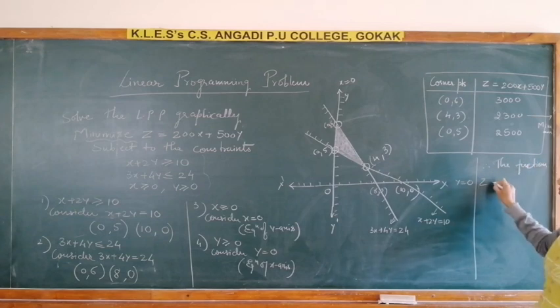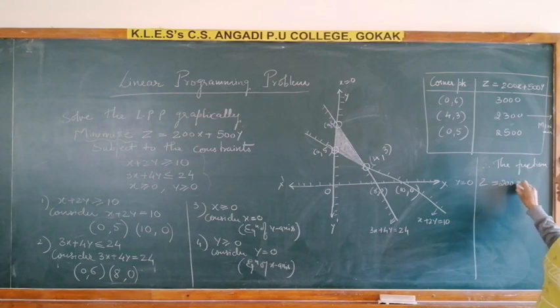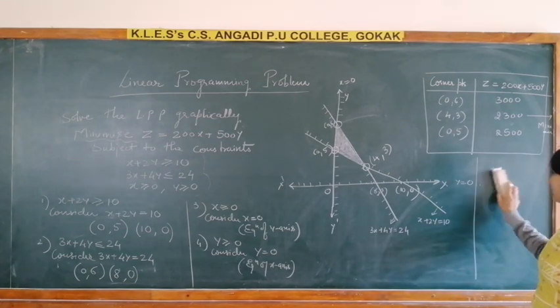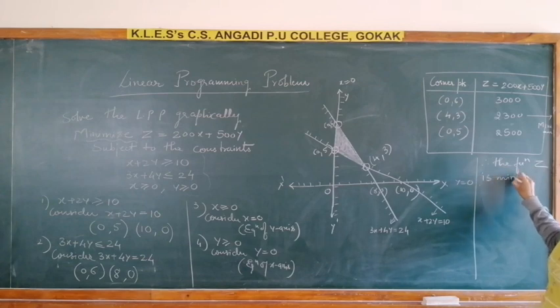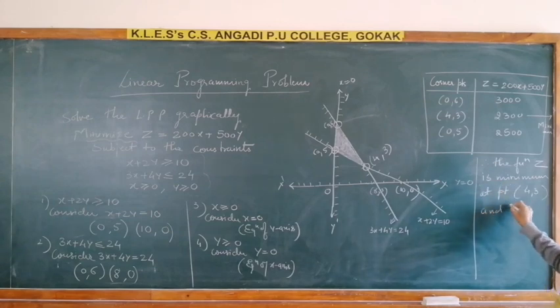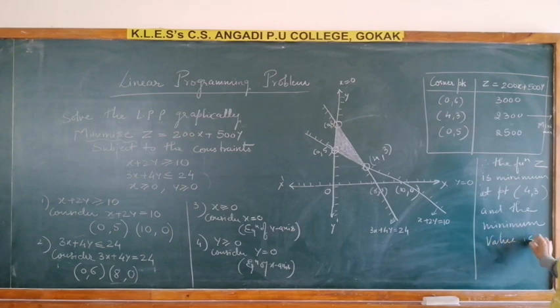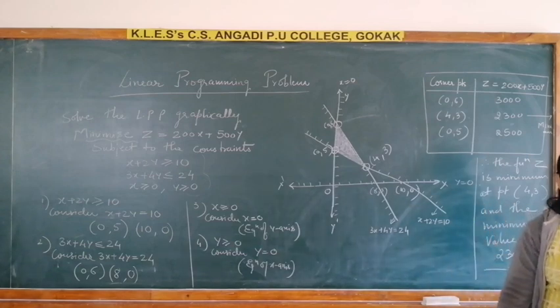Therefore, the function z is minimum at the point 4 comma 3 and the minimum value is 2300, right. This is completely a solution for that LPP problem.